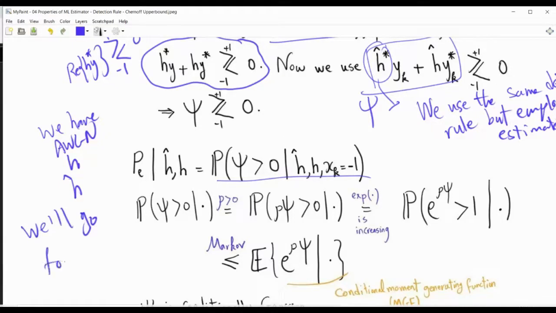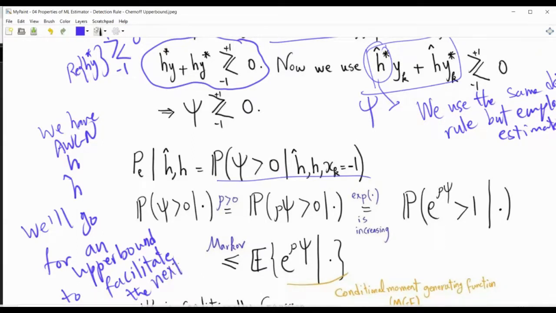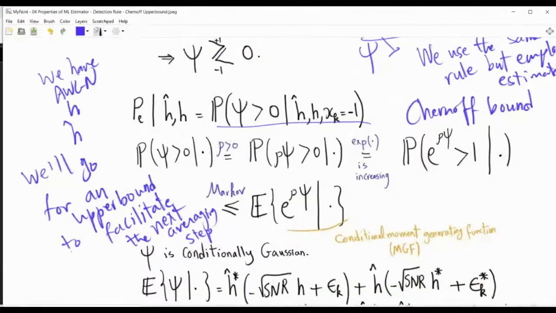We will go for a bound to facilitate the next averaging step. I will use here the Chernoff bound. Here I'm conditioning on H hat, and X k is -1. So what is the probability that a random variable is greater than something? Multiply both sides of the inequality by a positive parameter rho. This will not change the inequality.